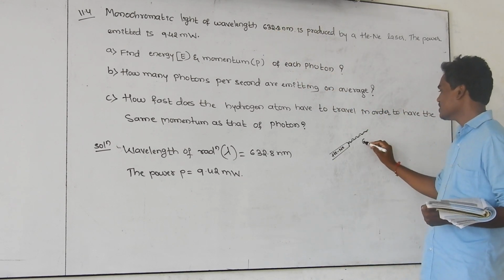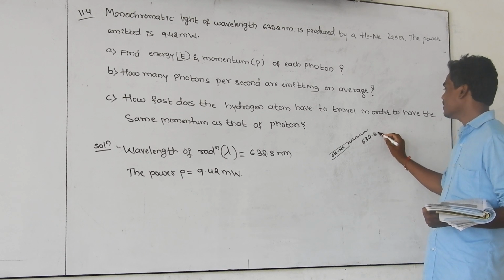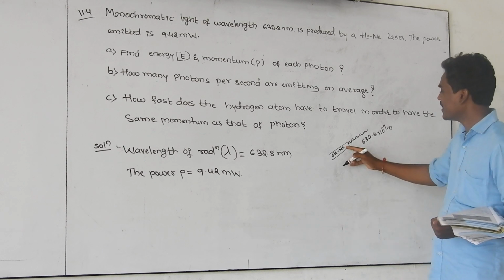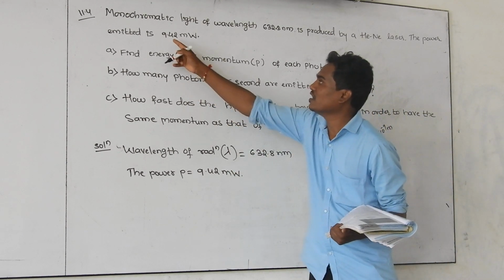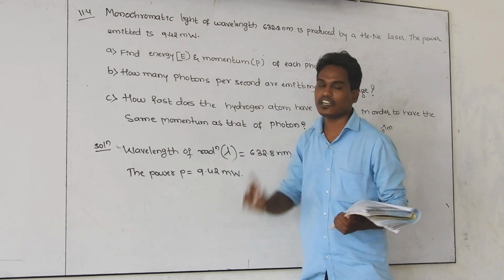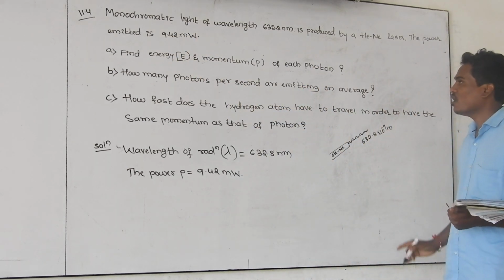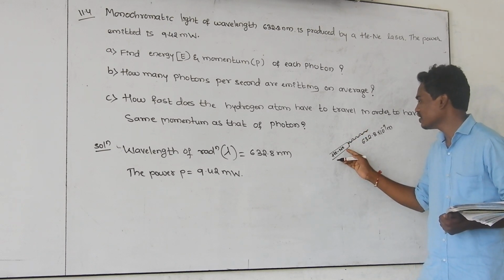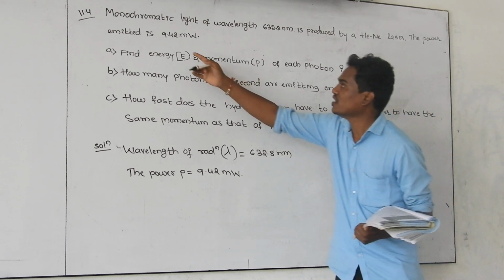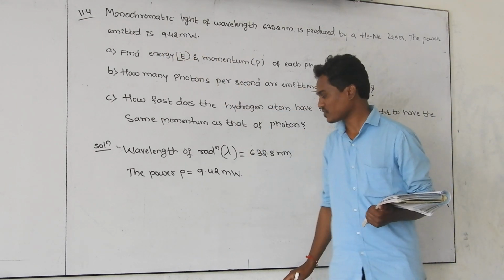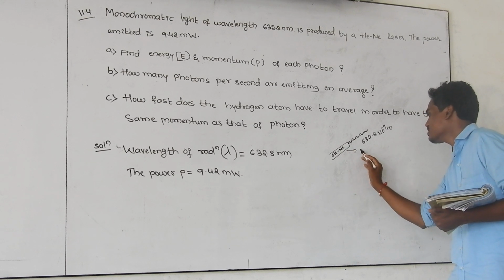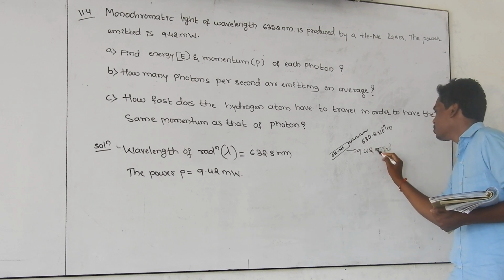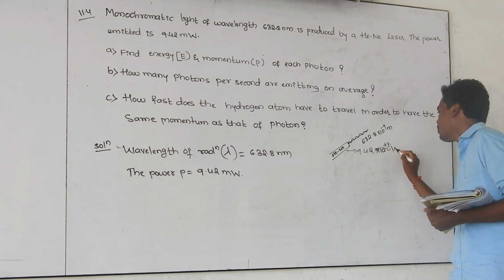It means 632.8 into 10 to the power of minus 9 meter. And the power emitted by this helium neon laser is 9.42 milliwatt. It means the power of this laser, in 1 second, is 9.42 milliwatt. Milli means into 10 to the power of minus 3 watt.